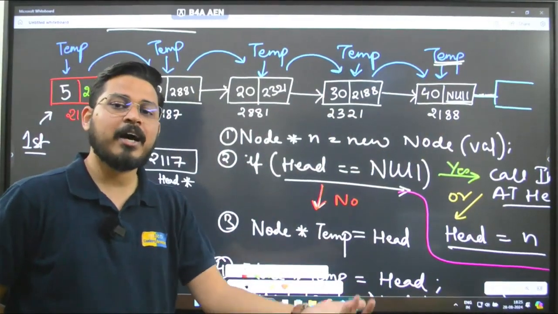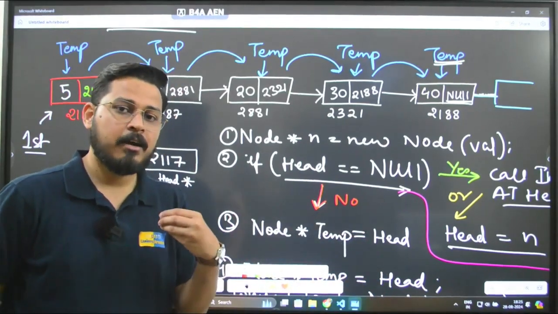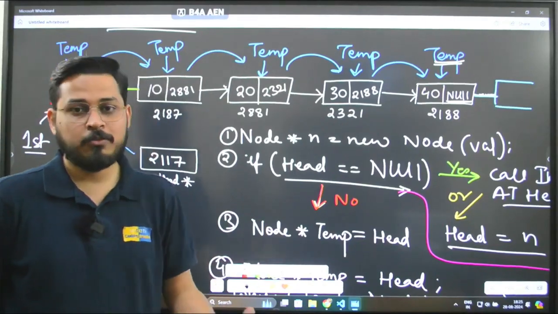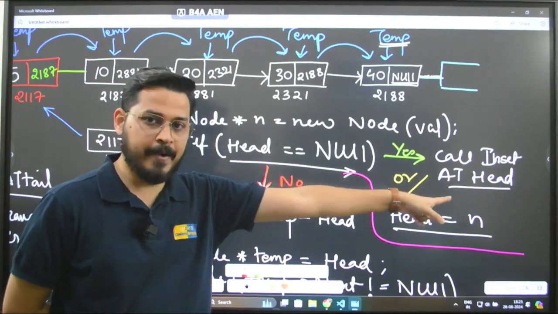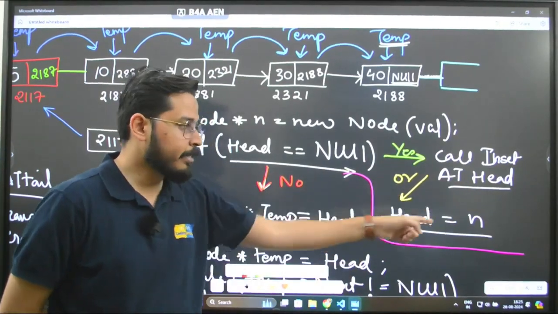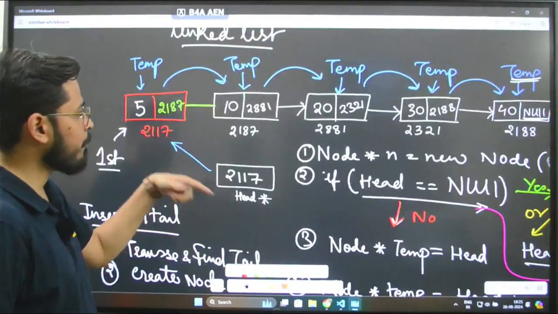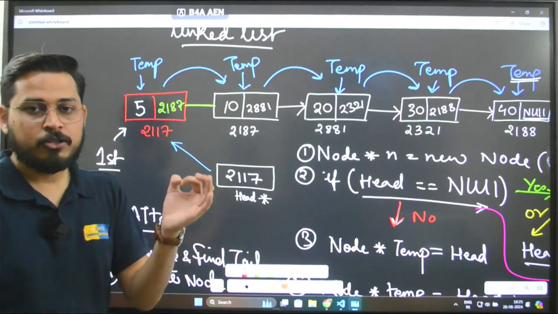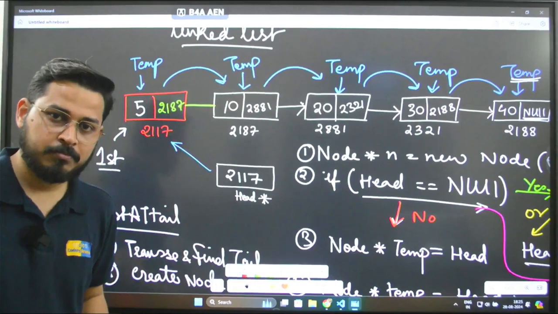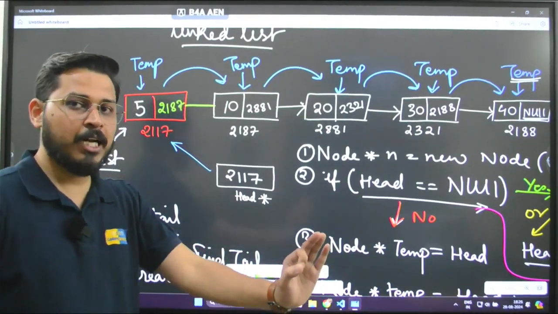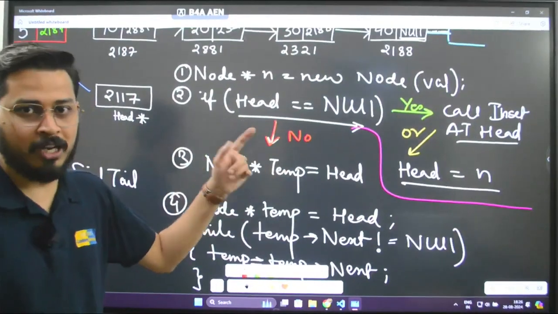But even if accidentally insert at tail is called, your program should work fine. In that case, if the head is null, then call the insert at head. If insert at head is not present, at that time you will say head, you only point to the newly created node n. So the newly created node n becomes the first node.